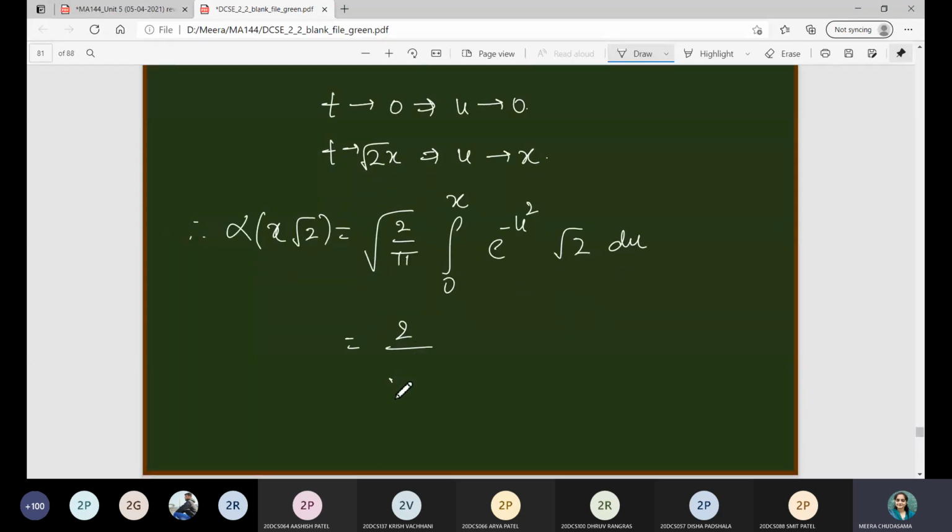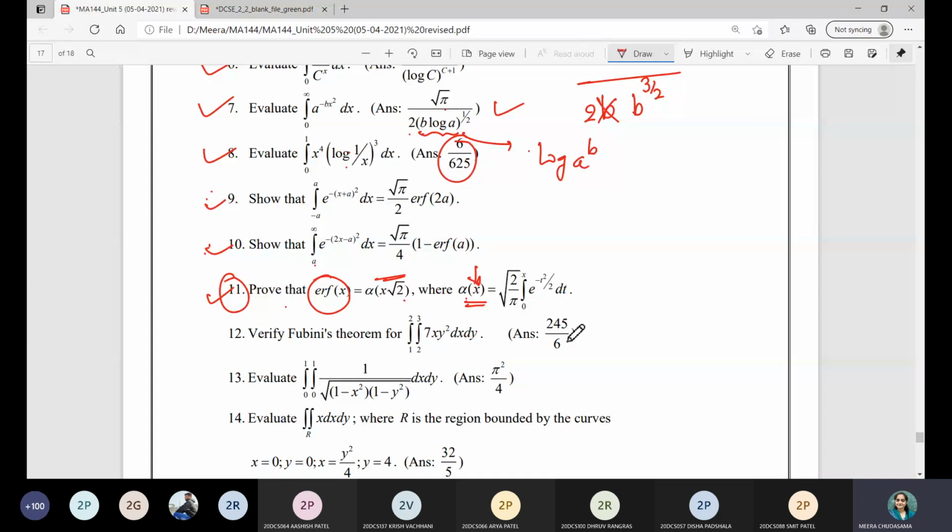So this is now 2 upon square root of pi integration 0 to x e raised to minus u square du. This u is a dummy variable; you can replace it by t if you are not comfortable. Otherwise, this is nothing but the error function at x, and that is what we want to show. So the error function at x is equal to alpha of x root 2, right?